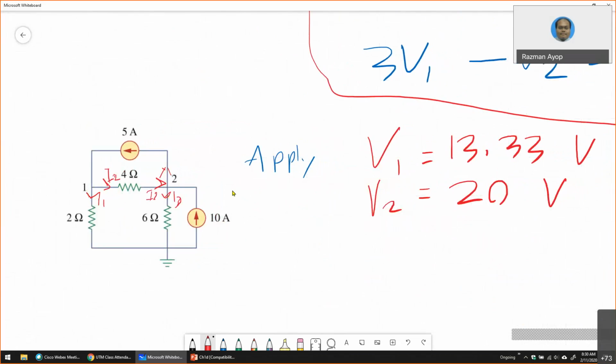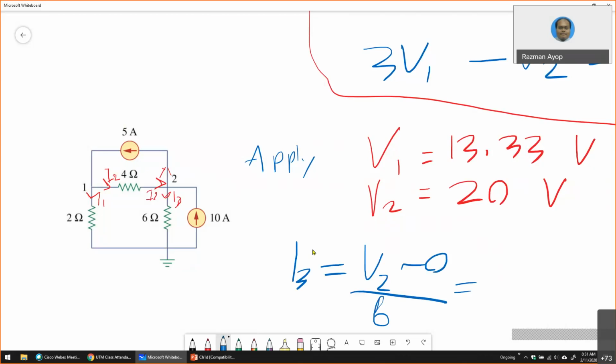Okay. So you just apply nodal analysis, you automatically get the answer. So if, for example, the question asks you what is I3, so I3 equals to, remember the formula, V2 minus 0 divided by 6.